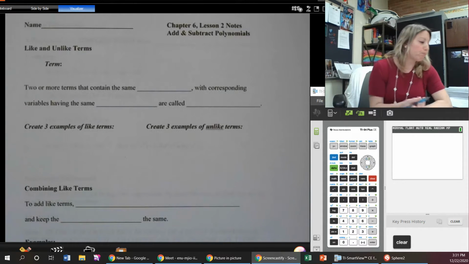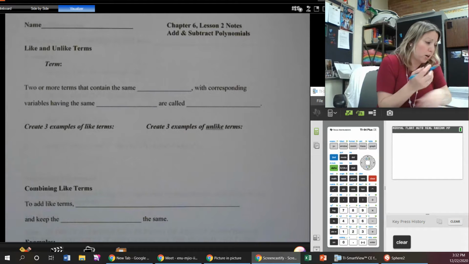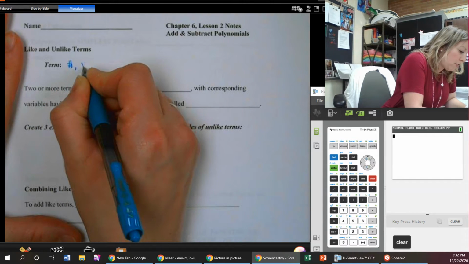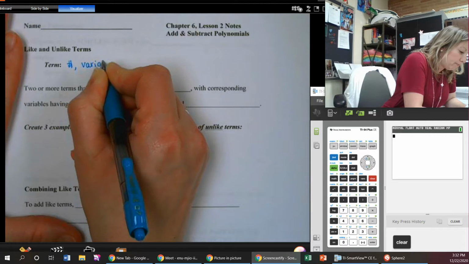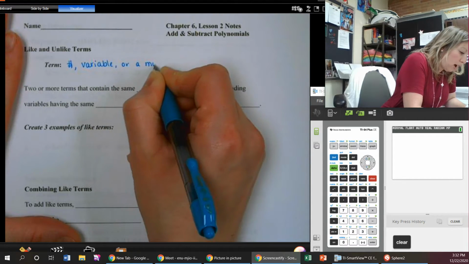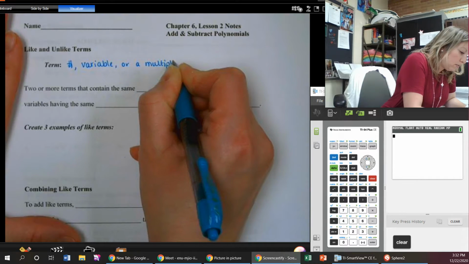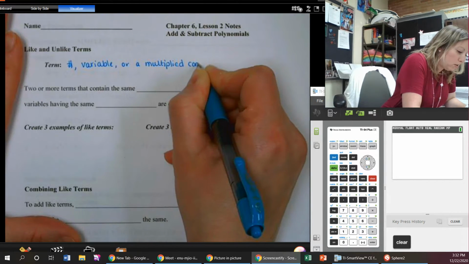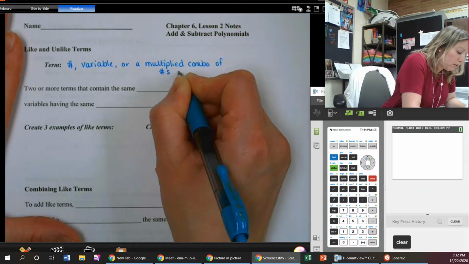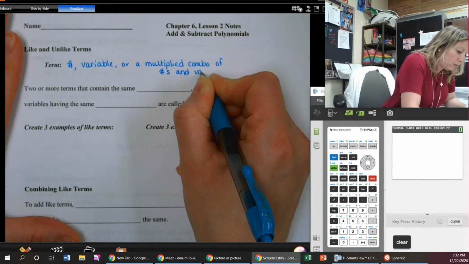So a term, remember, is a number, variable, or a multiplied combo of numbers and variables.